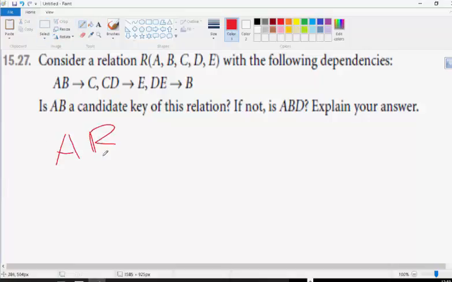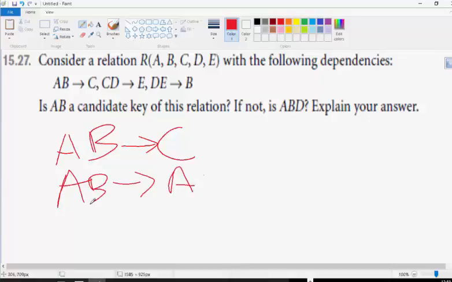So, if I start from AB, AB can lead me to C. From the rules above, I need C and D to get to E. So that means I can write this as AB gives me ABC. AB implies A, B implies B. But the rule says AB should give me ABC.